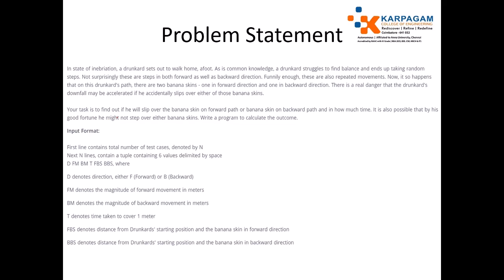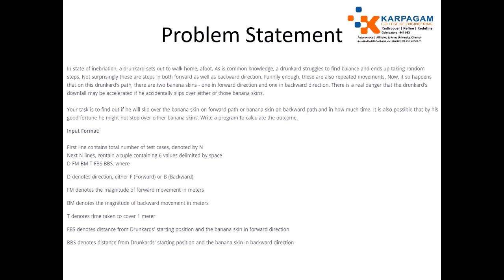The task is to find out if he will slip over the banana skin on the forward path or the backward path, and how much time it takes. It is also possible that by his good fortune he might not step over either banana skin. Write a program to calculate the outcome.